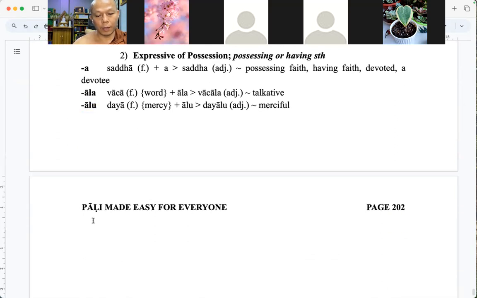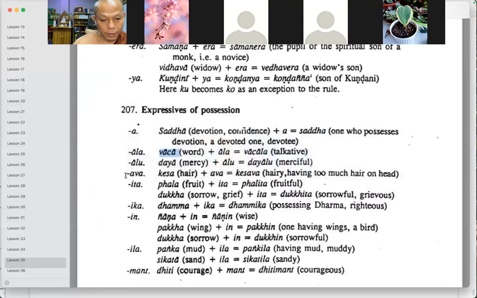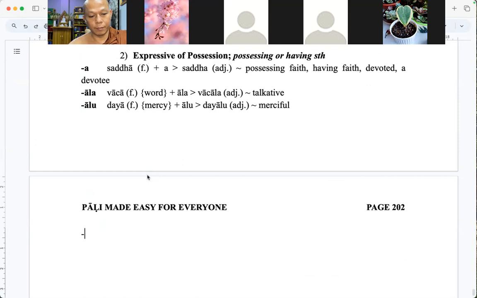And then now the next suffix is the awa suffix. Awa. So noun kisa. So kisa is neuter gender. The meaning is hair. Hair. So after that, the awa. So we have kisawa.